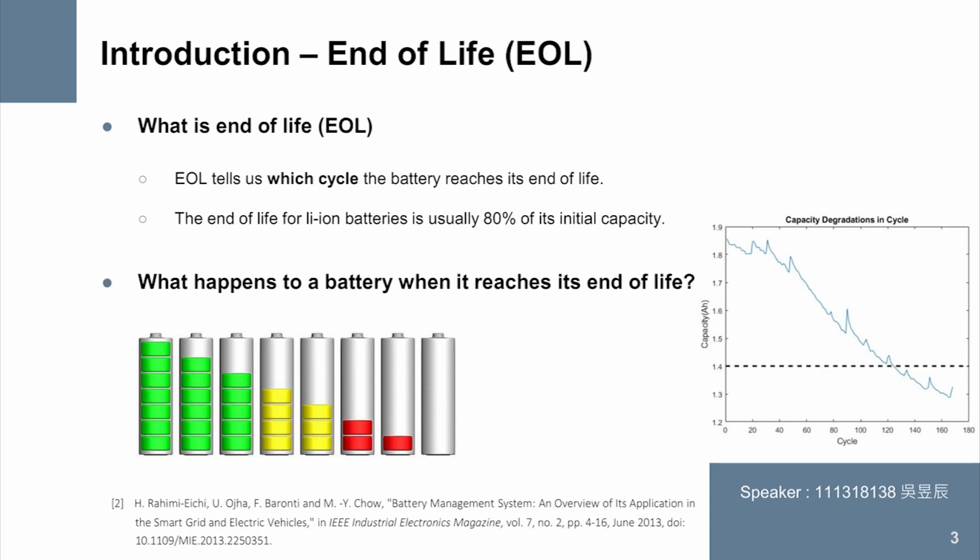Before we start discussing neural networks, we can talk about a battery health indicator, which is called end of life. What is end of life? The end of life for a battery is exactly that, the moment where the battery reaches the end of its usefulness and lifespan and can no longer operate at anywhere close to the peak capacity that you once enjoyed.